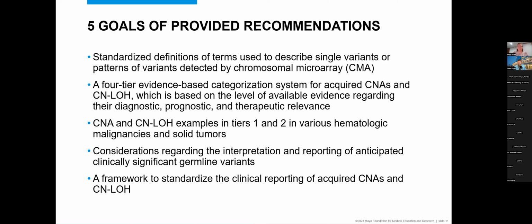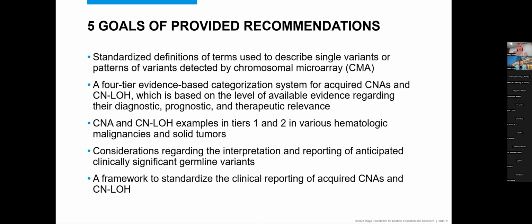And then considerations for interpretation and reporting of not just the somatic variants, but also significant germline variants that we might find in these patients as well, because oftentimes we're only assaying the tumor sample. Sometimes we have a tumor and a normal sample, and we're able to ascertain exactly what a germline finding is.